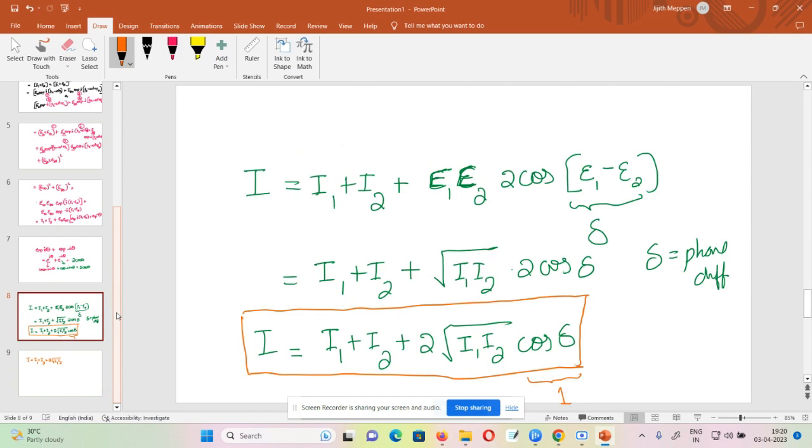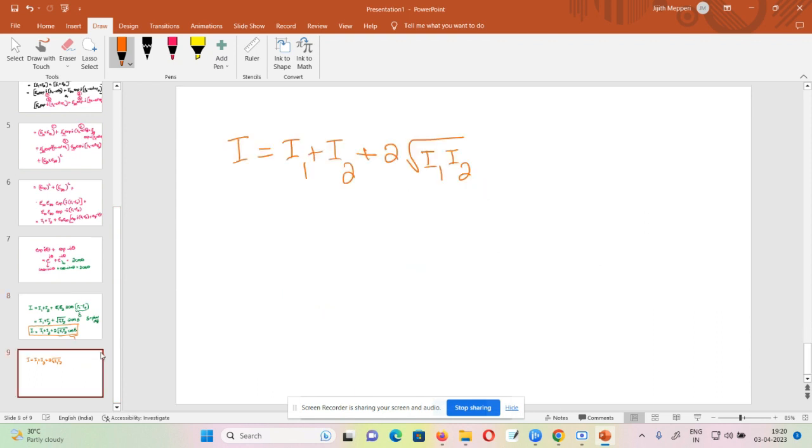That will be minus 1. So if you put minus 1 here, what will be the intensity? It will be I1 plus I2 minus 2 root I1 I2. So the minimum value of irradiance will be I1 plus I2 minus 2 root I1 I2. Okay, this is the first question.